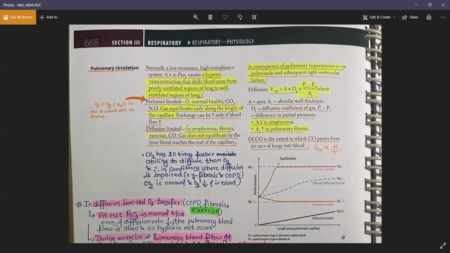Exactly. It would be affected, but not as much as oxygen. When 100% change happens to the oxygen, only 5 or 10% change will happen in the CO2 diffusion. So a slight change will be there, but not significant.